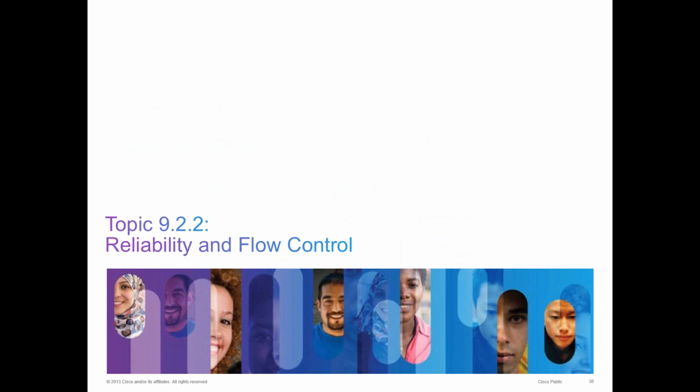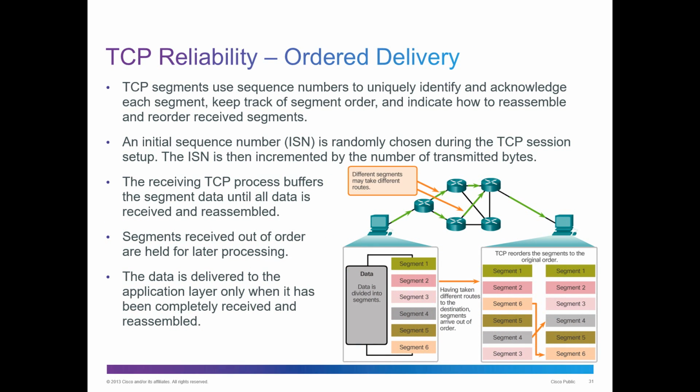So reliability and flow control. We have this ordered delivery, which basically is going to take your segments, attach numbers to them, and then reassemble them, making sure that everything arrives in the correct order. Essentially, before you see anything on your screen, all of these segments have to arrive in their totality.